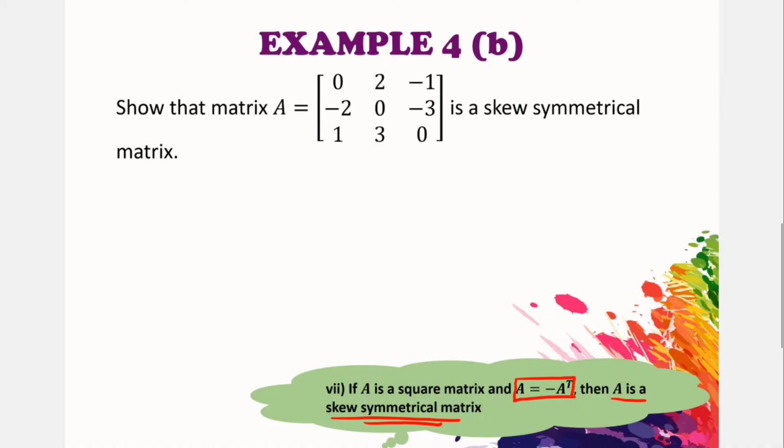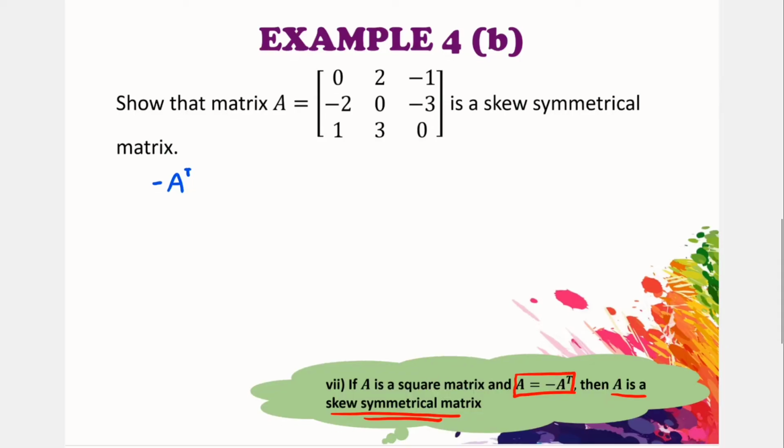Since matrix A is already given in the question, let us try to find the negative of A transpose. We can either multiply negative 1 with matrix A and then transpose it later, or we can transpose matrix A first and then multiply by the negative sign. You can do either one.